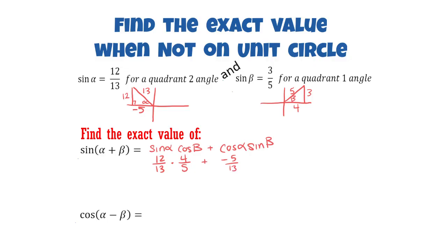And sine of beta, we're back here, opposite over hypotenuse. Actually, they gave us sine of beta, 3/5. And now we're just going to multiply our fractions together. So this is 48 over 65 plus a -15 over 65, which is going to get me 48 minus 15 is 33 over 65.